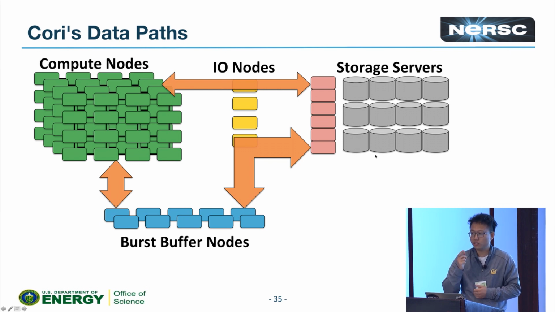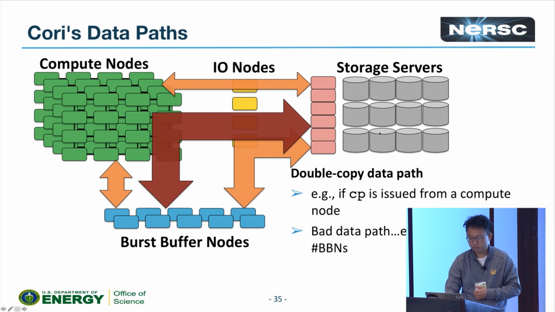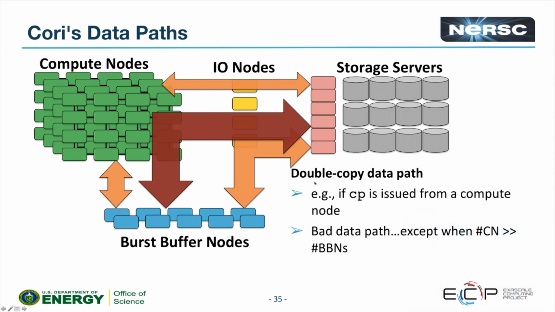But if you use stage in, the data will just go from the storage server directly to burst buffer nodes. So you want to avoid this double copy data path.